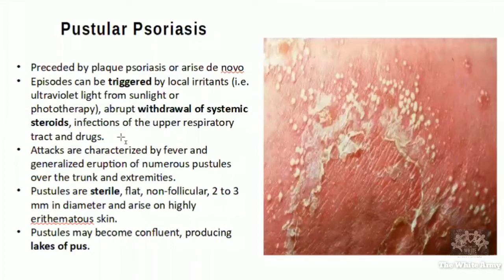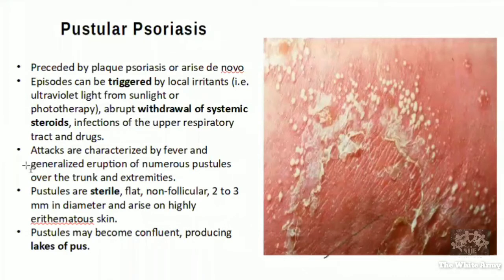Also, certain infections of the upper respiratory tract and certain drugs can also cause pustular psoriasis in chronic plaque psoriasis patients. Okay, they are usually associated with other systemic symptoms like fever, malaise and other symptoms of systemic involvement also.